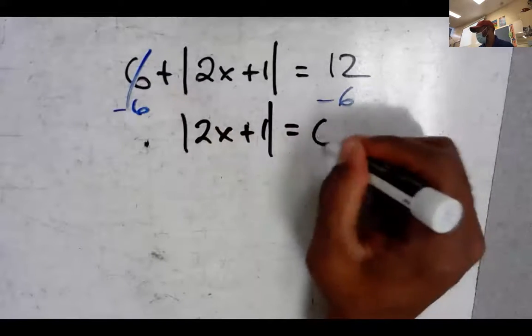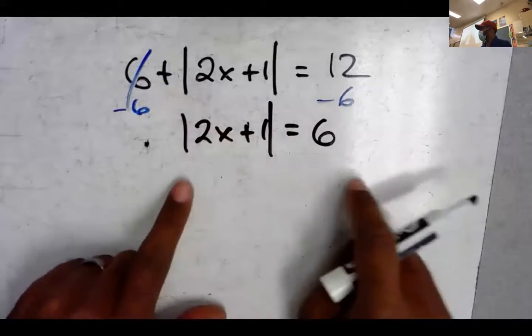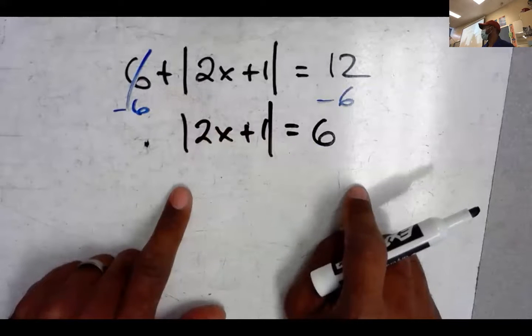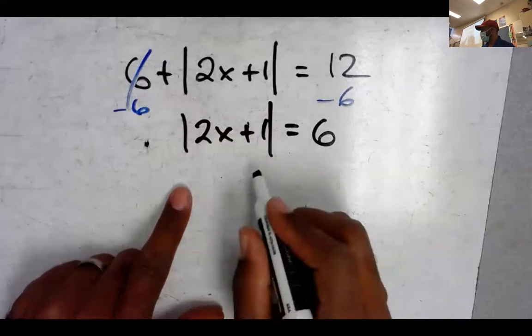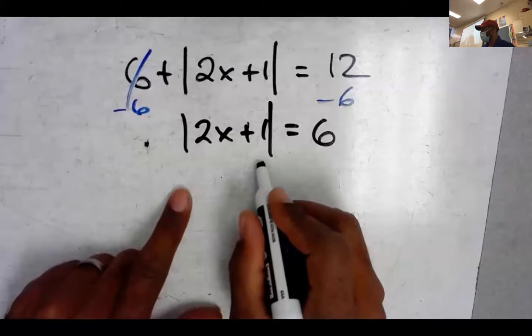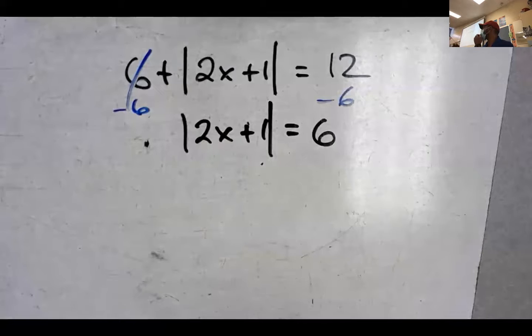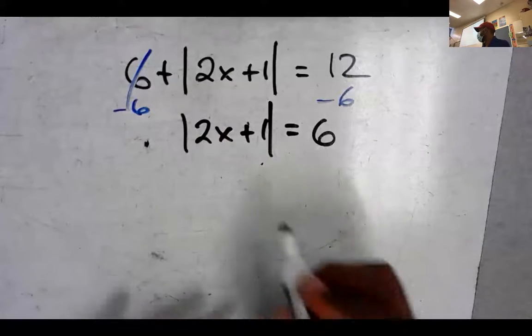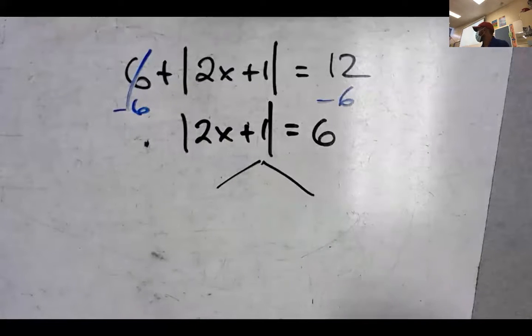And we have 6. Can we split it, or do we have to do more? What else do we have to do? So the question is, can I make 2 equations?